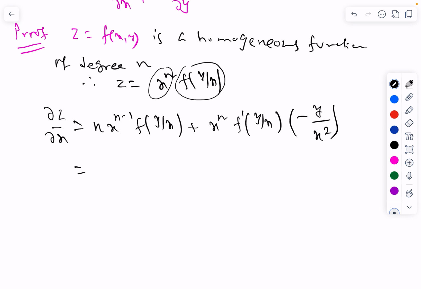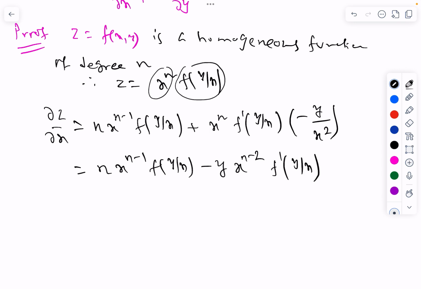And so we have n x power n minus 1 f of y by x minus y x power n minus 2 f dash y by x.